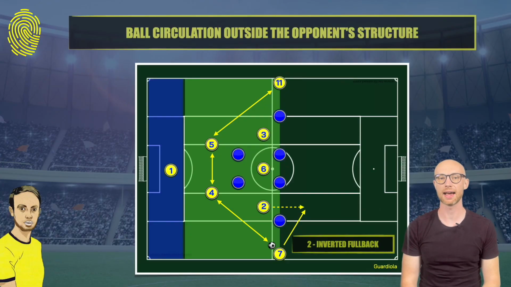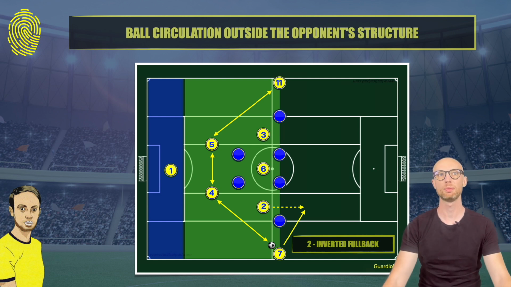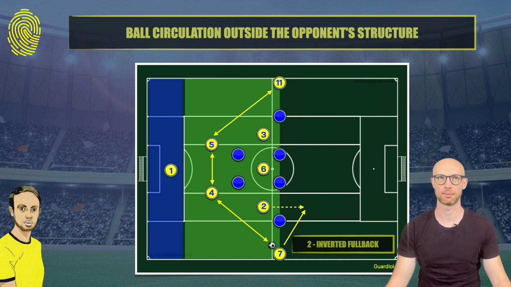Depending on the way the attack is conducted, he can perform various functions. One of them is to mimic the role of the second holding midfielder in the Christmas tree concept.